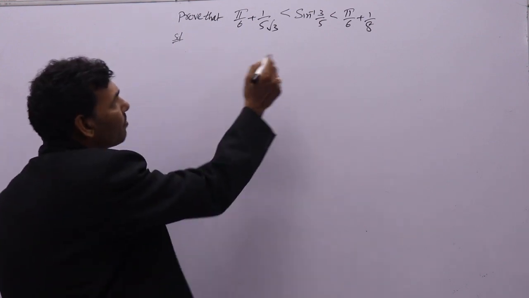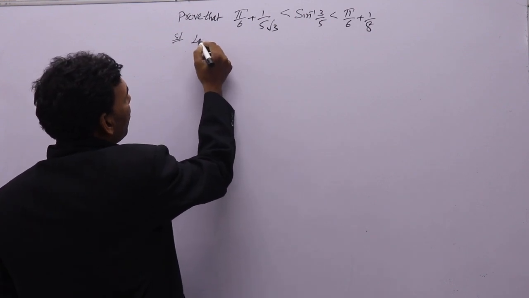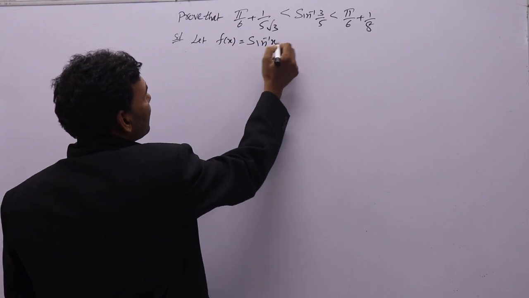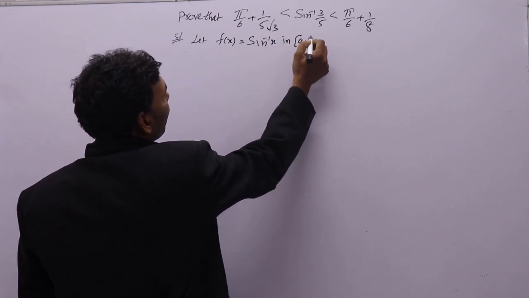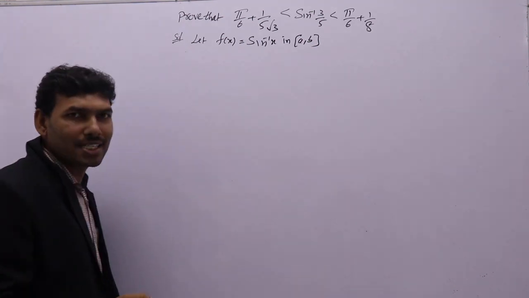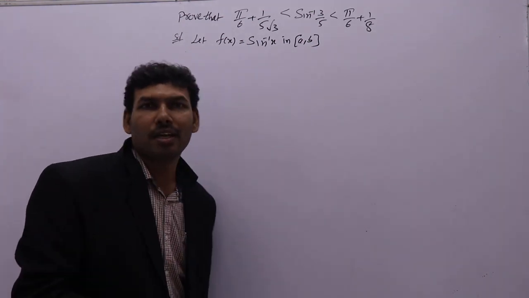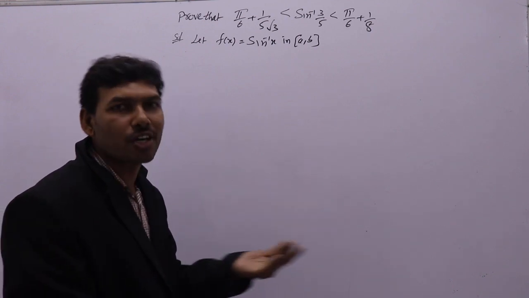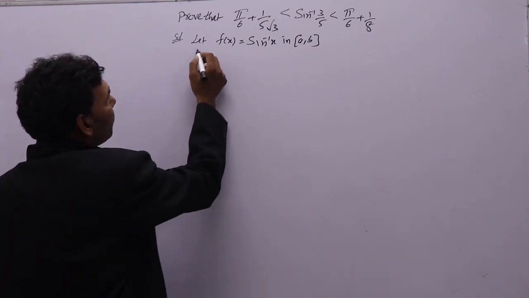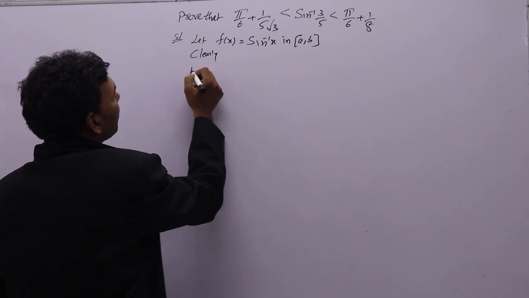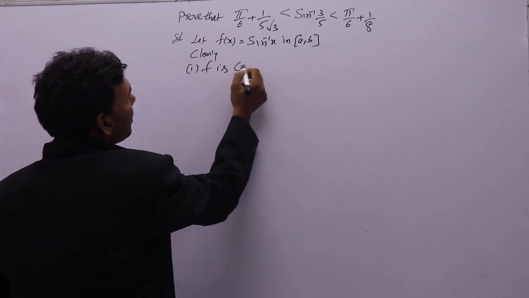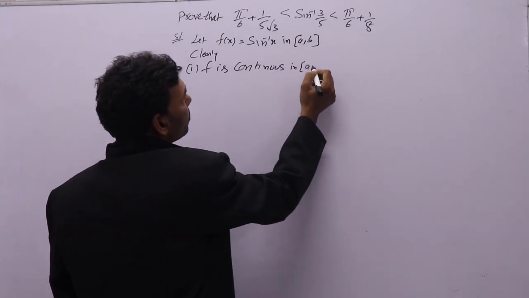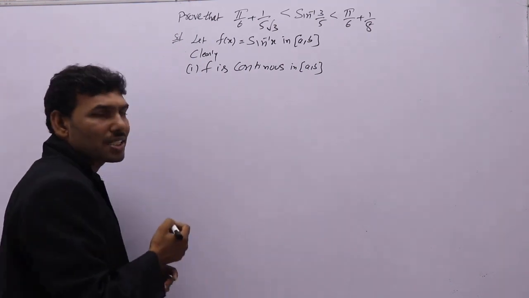Because this is a sine inverse problem, assume f of x as sine inverse x in closed interval a comma b. As I said earlier, any function defined in closed interval a comma b is continuous and derivable. Basing on that, clearly f is continuous in closed interval a comma b, and this is a sine function, right?